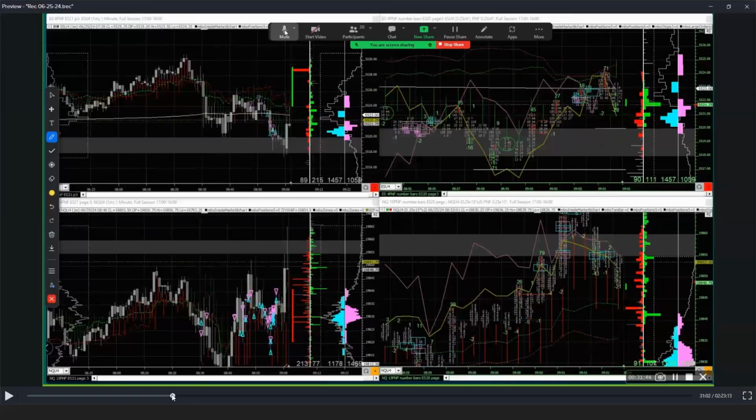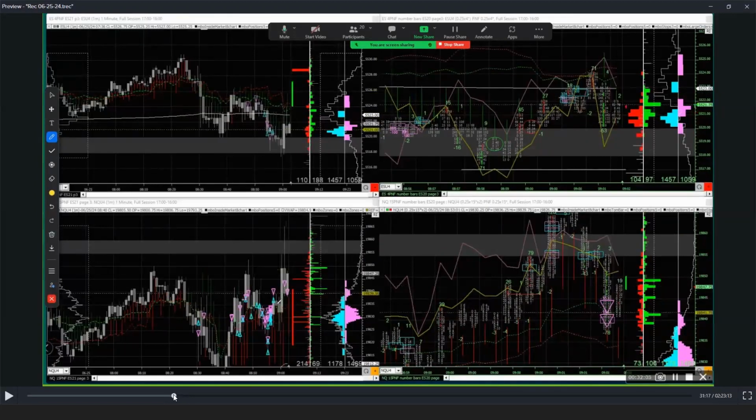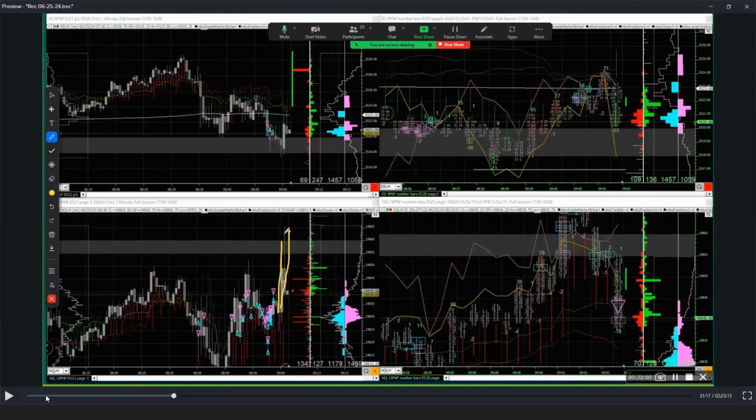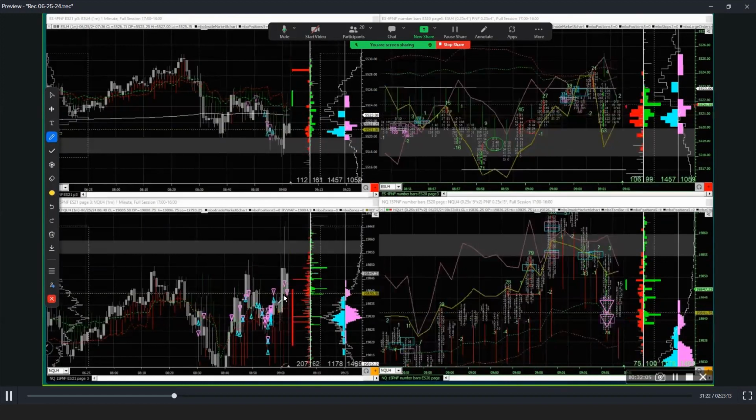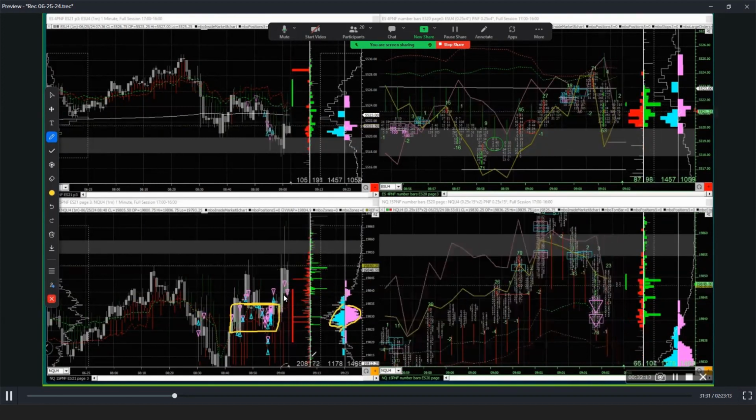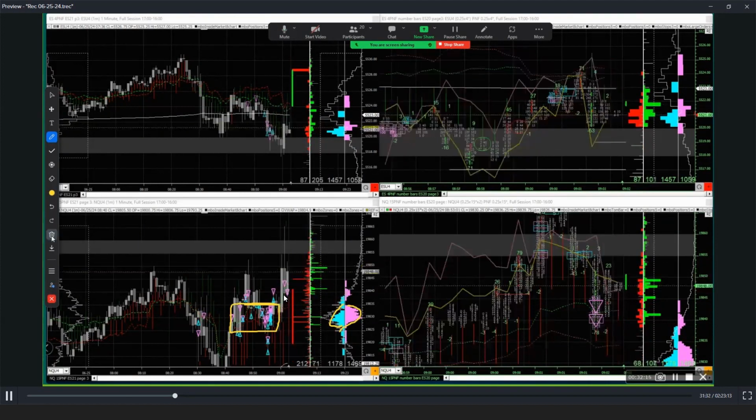And then we get clearly, let me back it up, try to get this thing right. We get this pink triangle that comes in, a lot of sellers come in, wham, right above it. That's not what price is supposed to do when you get a lot of sellers that come in, which means there's a lot more hidden buyers when they scoop that sell imbalance.